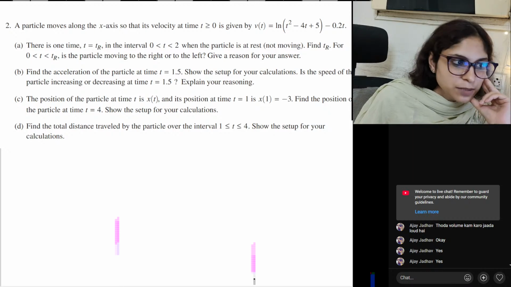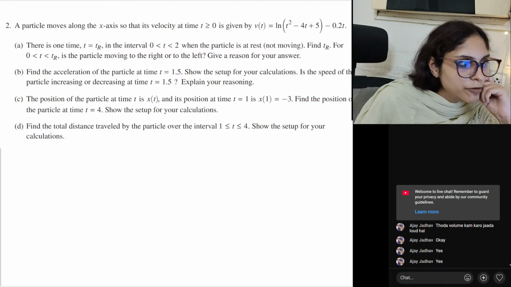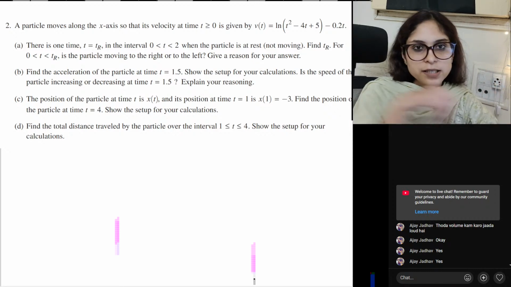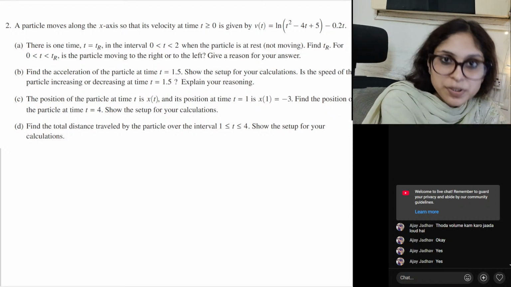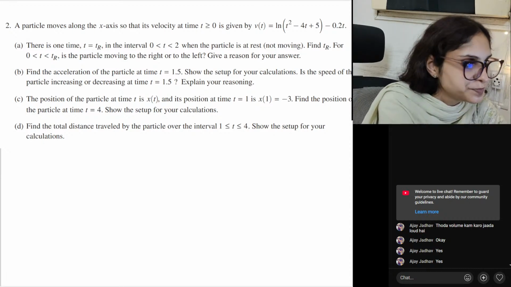Now there is one time t is equal to tr in the interval 0 to 2 when the particle is at rest. That is, it is not moving. Particle will be at rest when the velocity is 0.